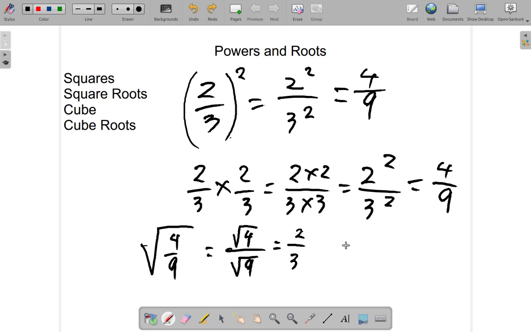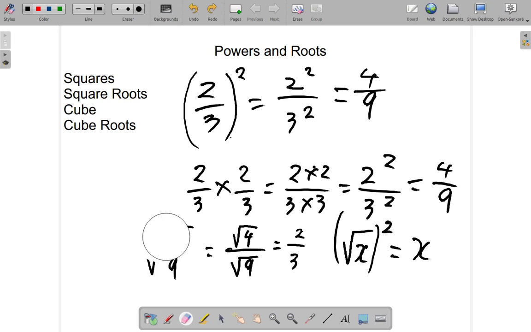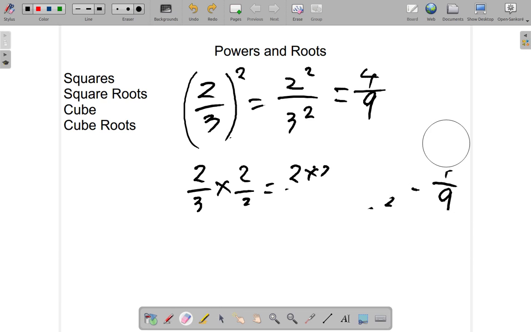Alright? Now, generally, remember, if you have the square root of a number, say x, and then you square the square root of a number, what you have is the number itself. So let's look at that a bit more.